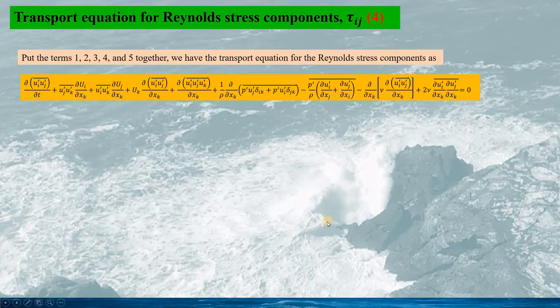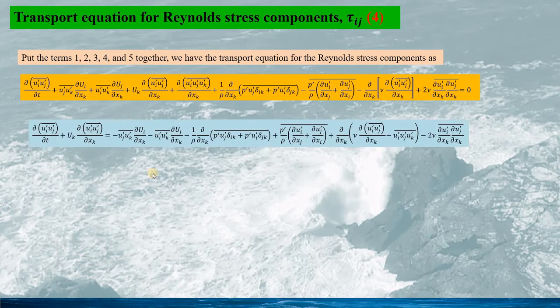In this slide, we put all these 5 terms together, so we have the transport equation for the Reynolds component. The equation is given as this complicated equation. And we can write this into a conventional transport equation for the Reynolds component.